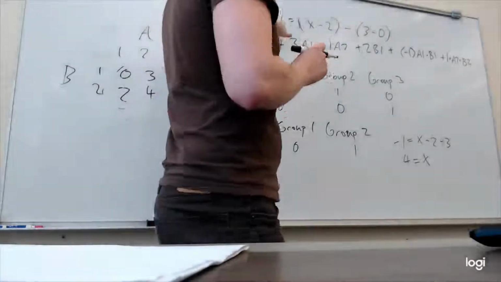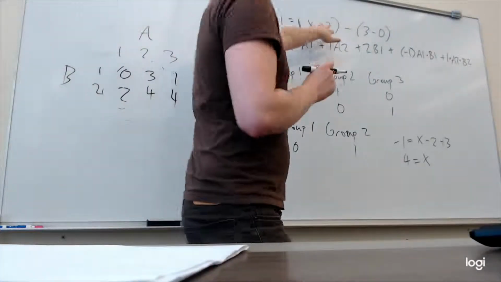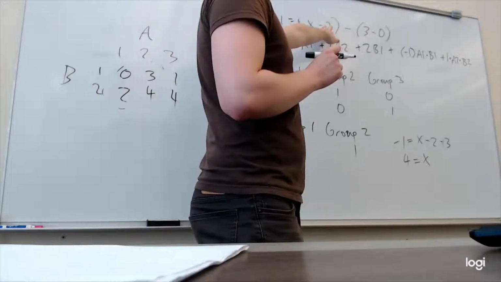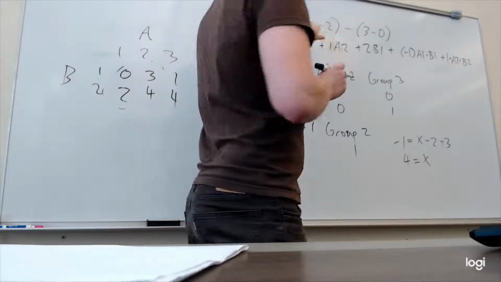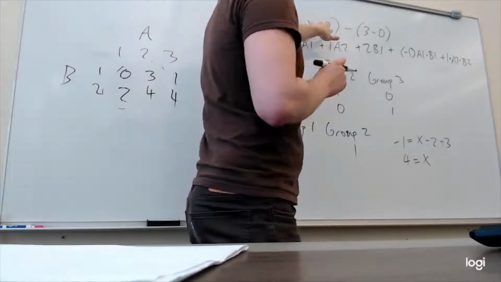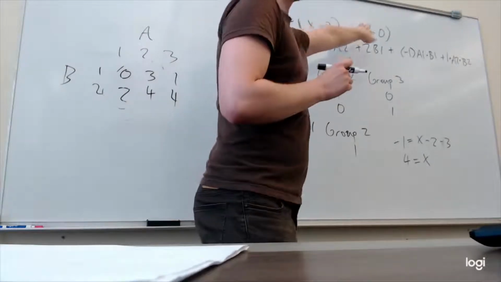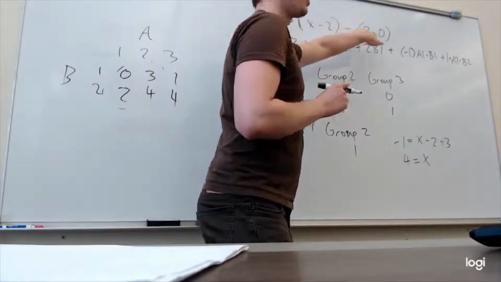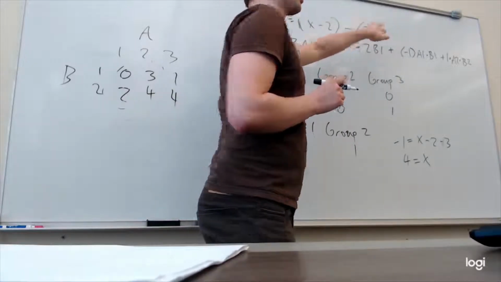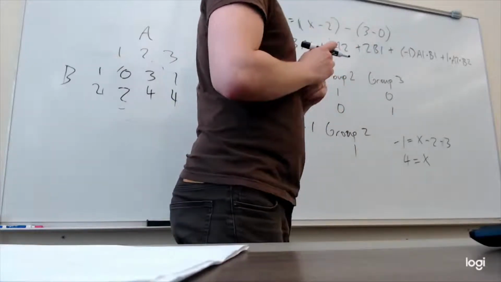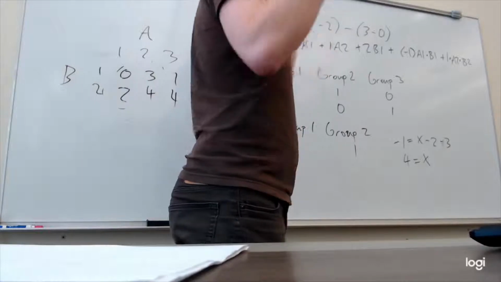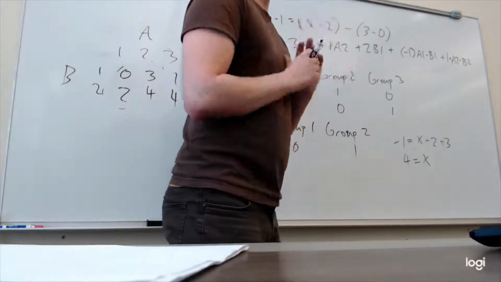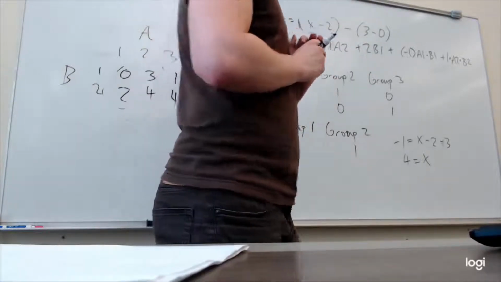So you could set up the equation like this, where you have a missing number, you have an x, and you just write out what the difference of differences is, x minus 2 minus 3 minus 0, and then you can solve for x. That's fine. That would get you there too.